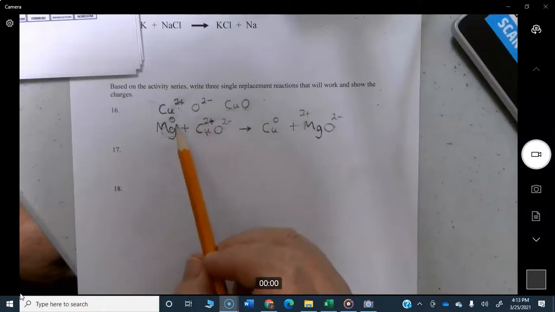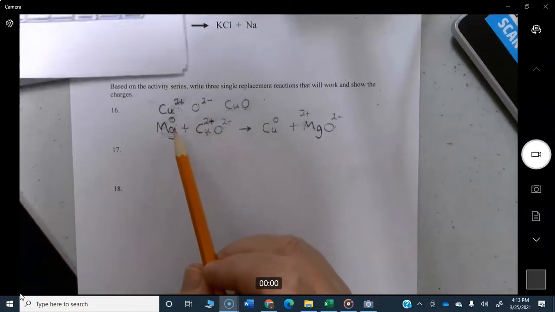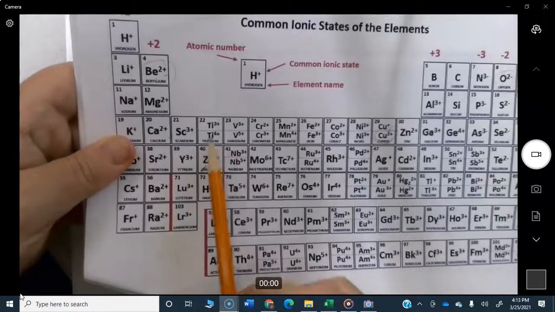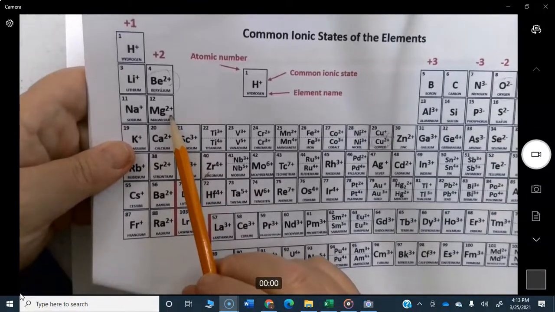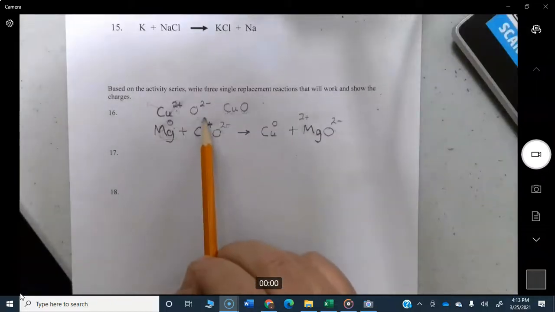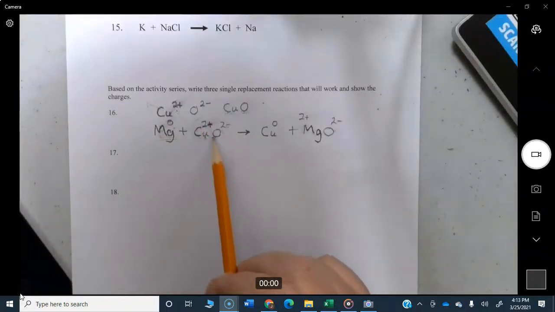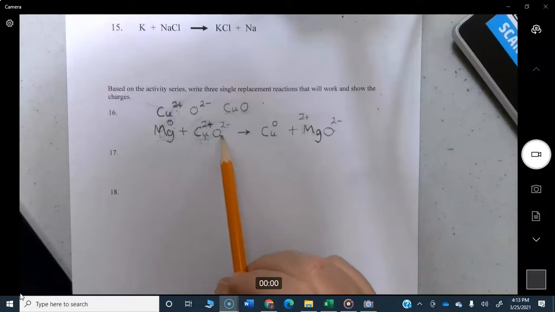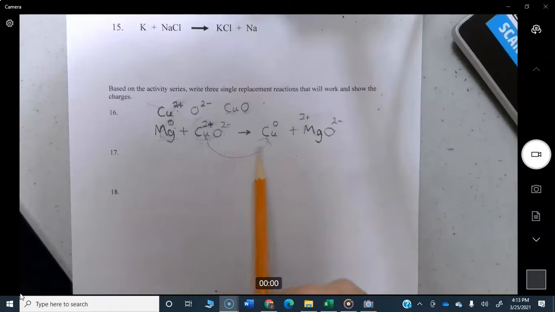It's 2+, it's going to be able to take 2 electrons away from magnesium, because magnesium is a 2+ charge metal. So it's going to give up 2 electrons to the copper. What that does is it gives copper back its 2 electrons. It now is electrically neutral. If it's electrically neutral, it has no charge. It will no longer be attracted to the oxygen with a charge. So it's just going to go off by itself right there like that.